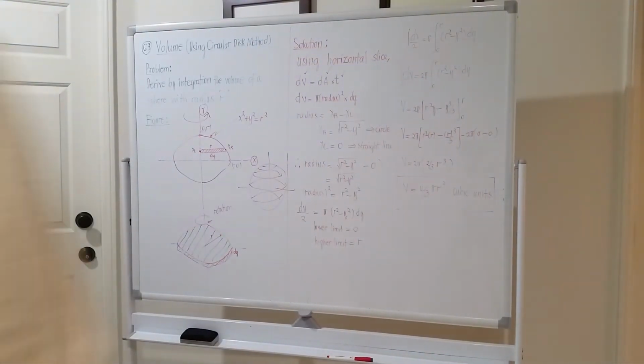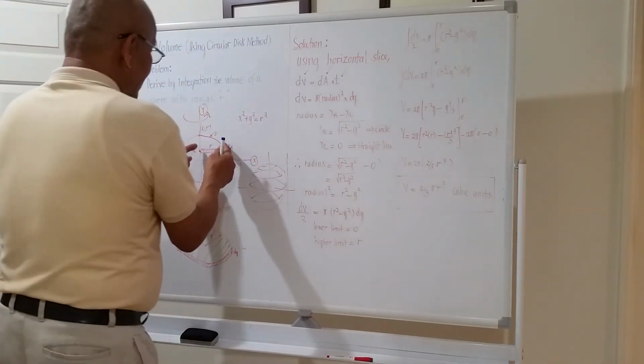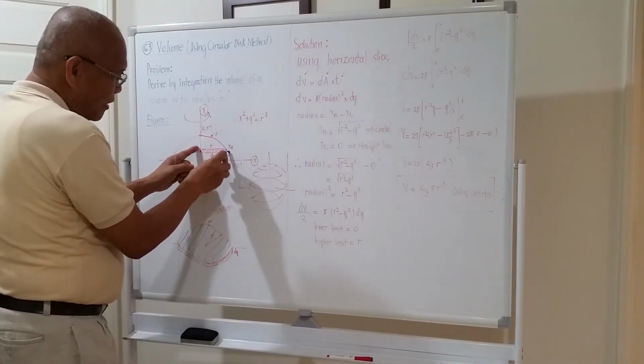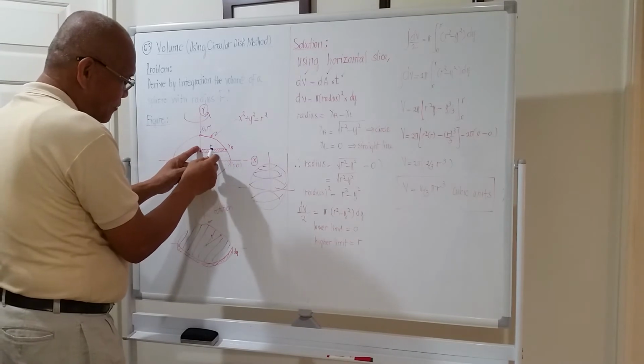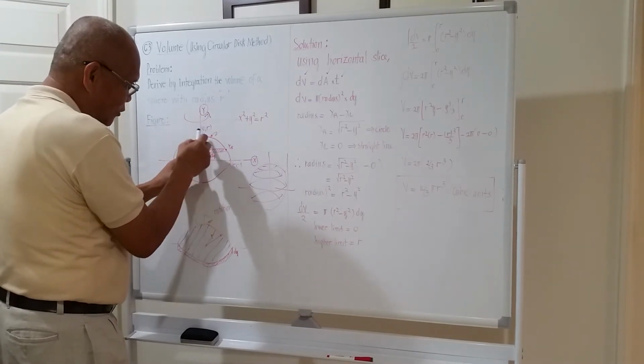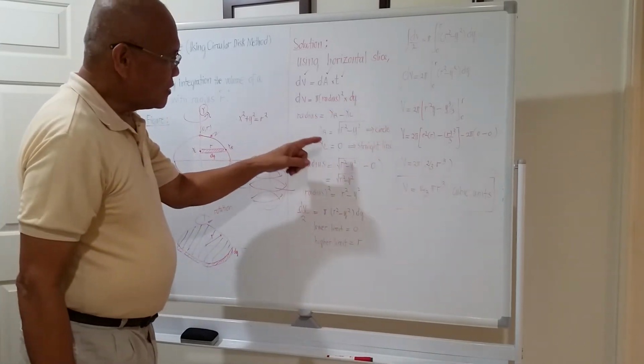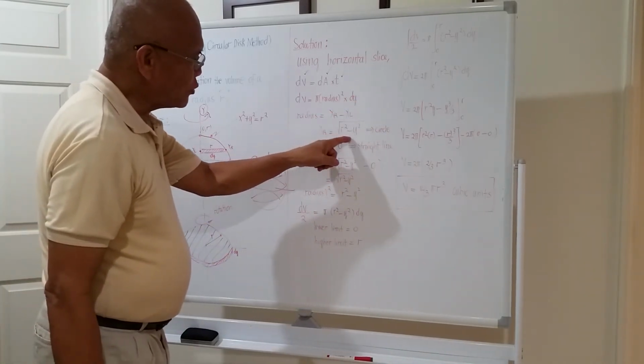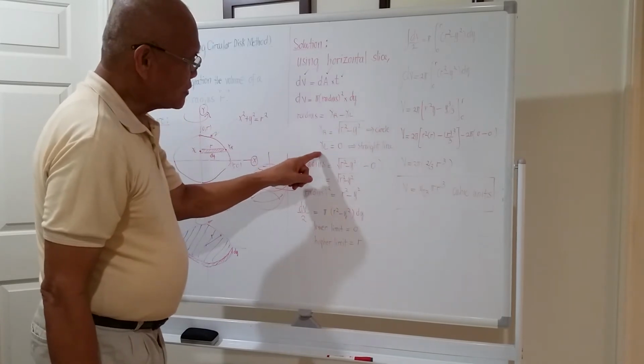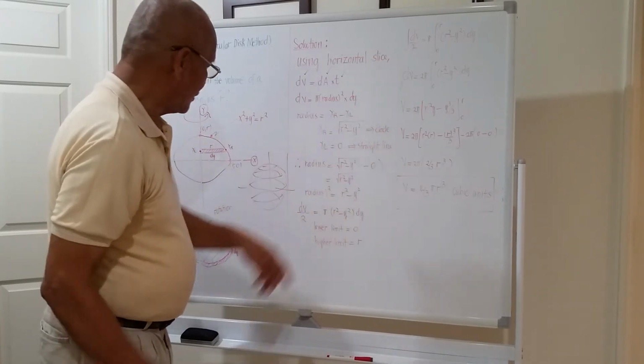This is the variable radius. So it should be xr minus xl as this differential area moves from 0 to r. xr is actually the square root of r squared minus y squared. This is a circle. xl is equal to 0. It is a straight line.